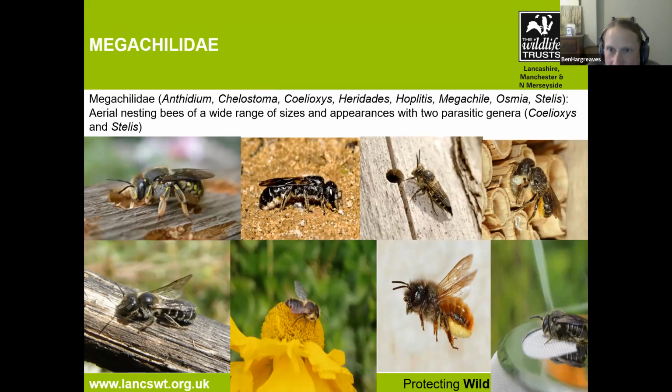Heriades, one of the so-called resin bees, which we don't get in our area. Osmia, this is Osmia claviventris, which is recorded for our area, Lancashire and Cumbria. Megachile, or the leafcutter bees here. The mason bees, Osmia, and Stelis, which is the parasitic genus, bottom right. Next slide, please.